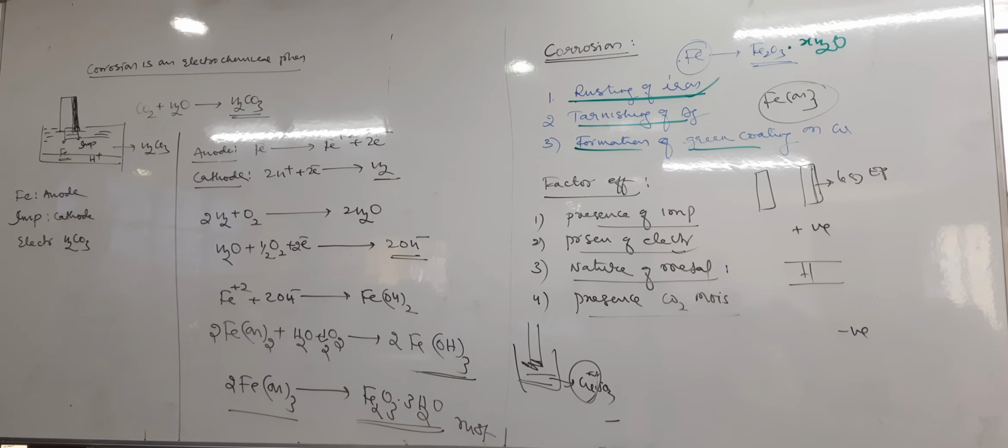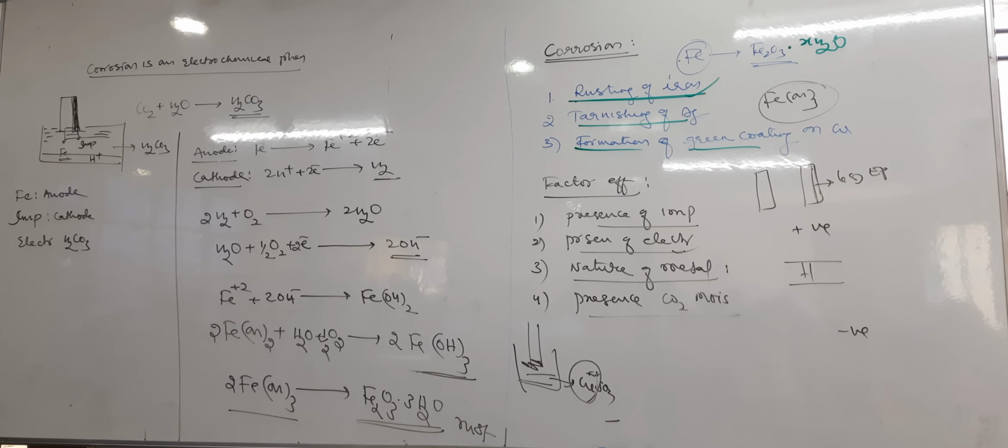Ferric hydroxide rapidly undergoes decomposition to form hydrated ferric oxide, which is called what? Rust. Hydrated ferric oxide, which is called rust.